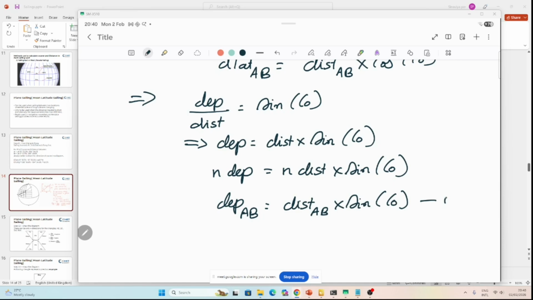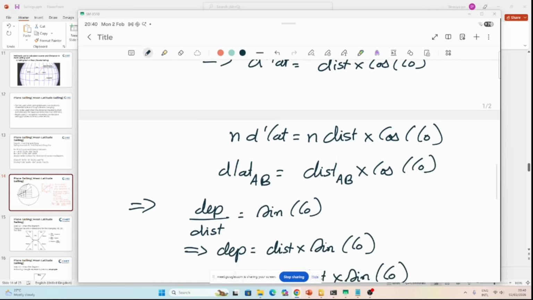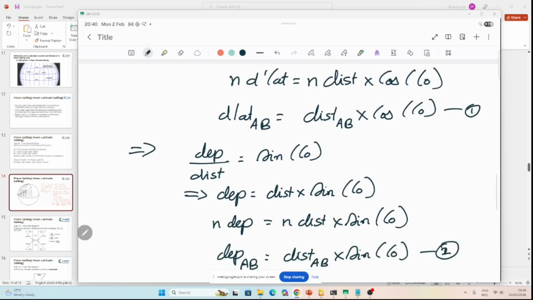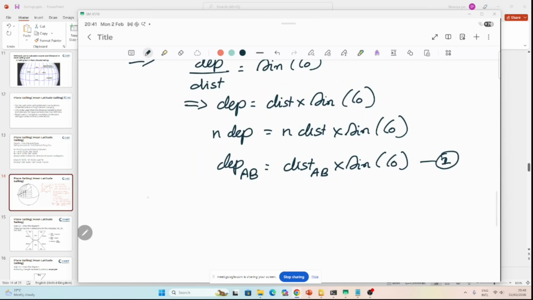I will take this as the second formula, and the first one is this.